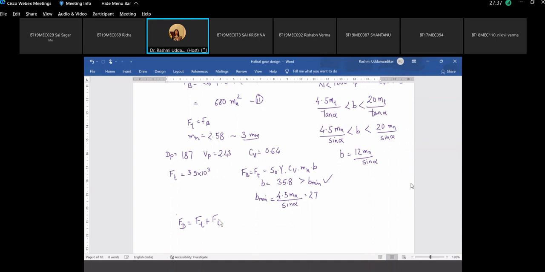Refer page number 172 as per my data book, table 16.11. Design data book, table 16.11. Value of Fi is given.